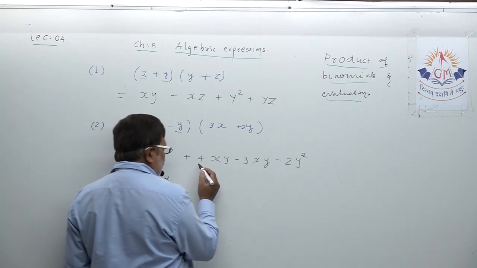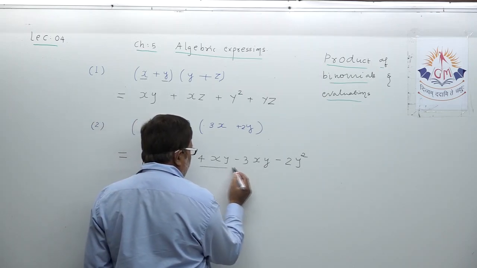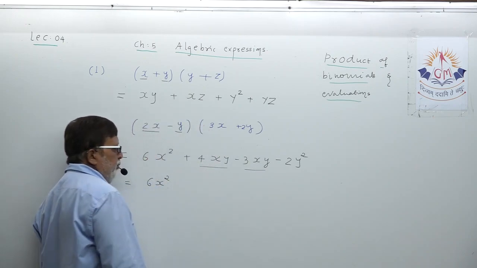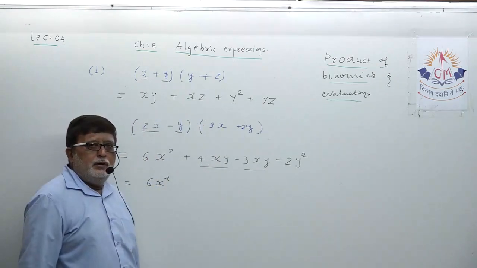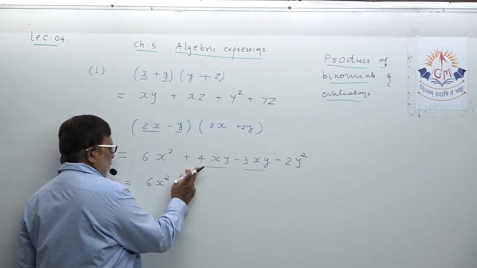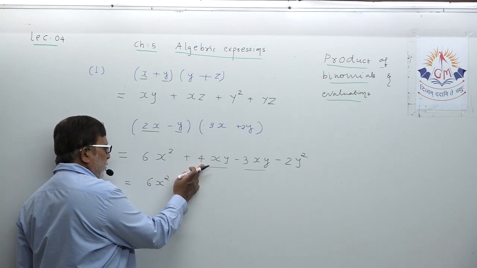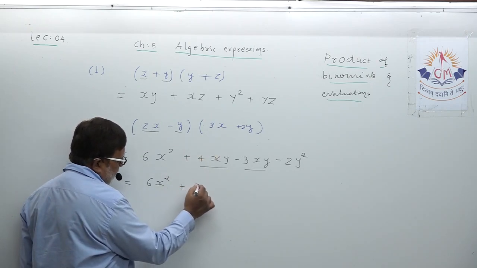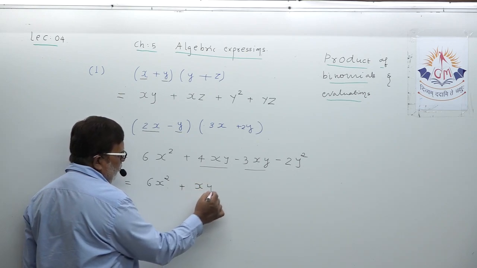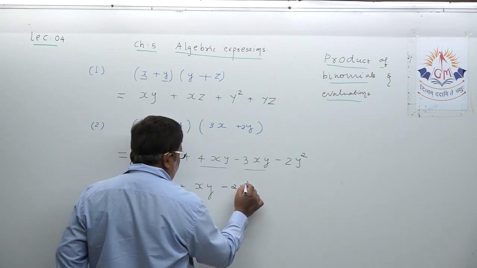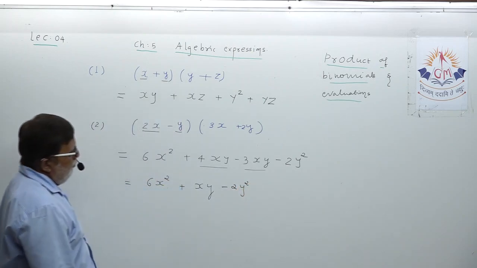Now these are the like terms, plus 4xy minus 3xy, having similar variable and similar power of the variable, plus minus minus, 4xy minus 3xy is 1xy, sign of greater number, and the last term as it is, minus 2y square.